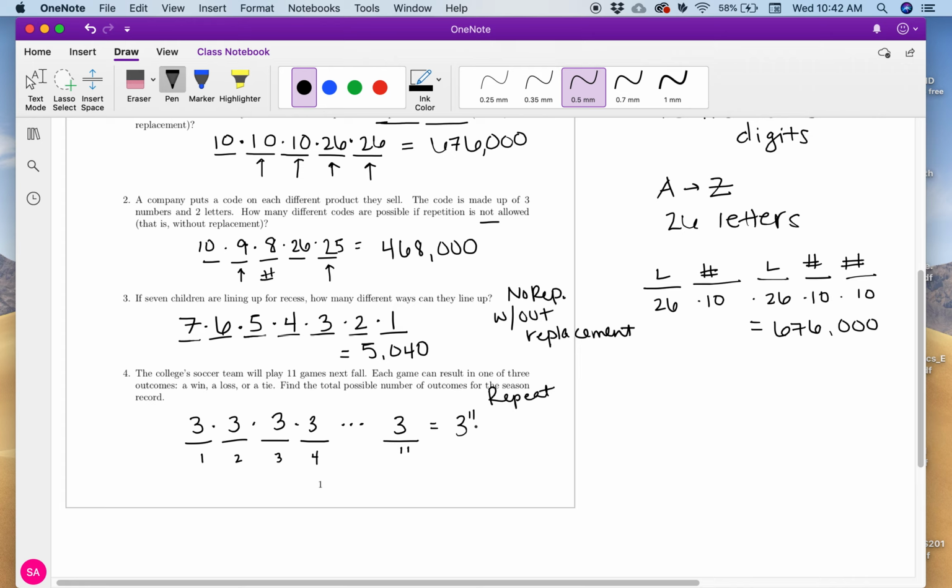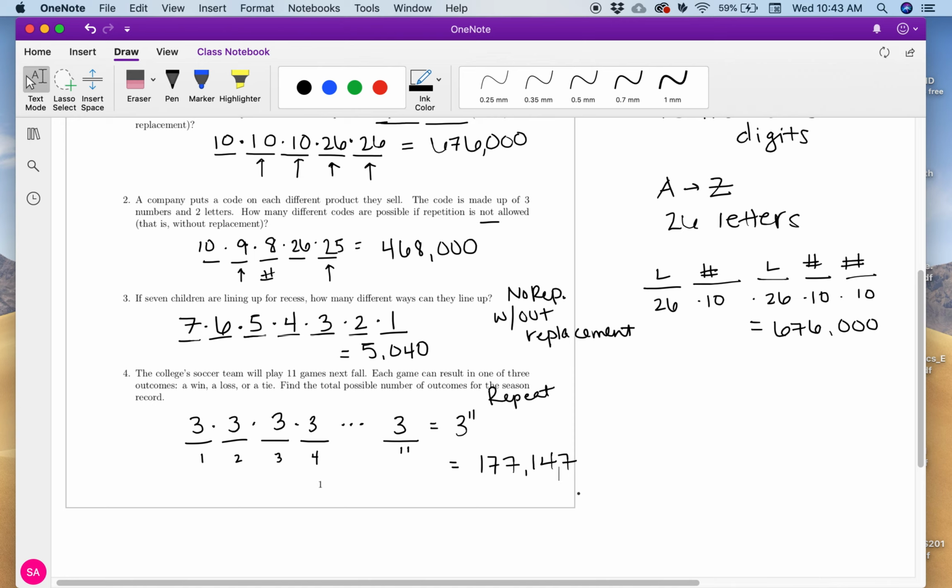So it's 3 to the 11th, which is the same thing as 3 times 3 times 3, 11 different times. But it might be easier to type 3 to the 11th into a calculator. So once you calculate that, we get 177,147. So those are the total number of ways that season can go, which, that's a lot, I think.